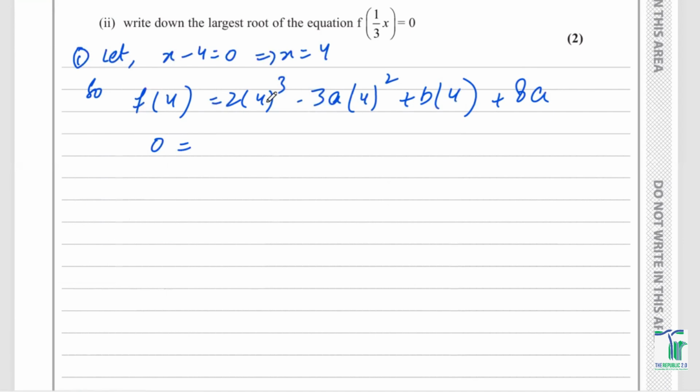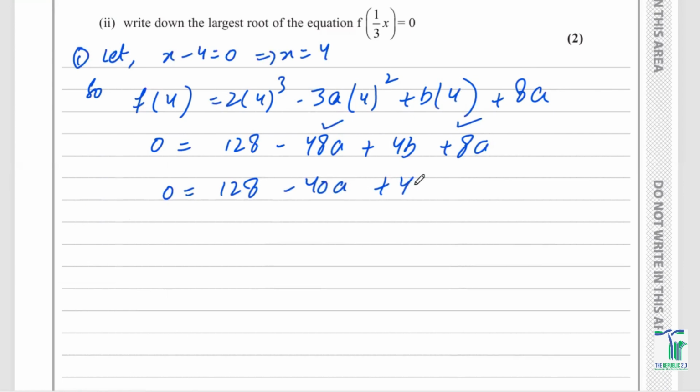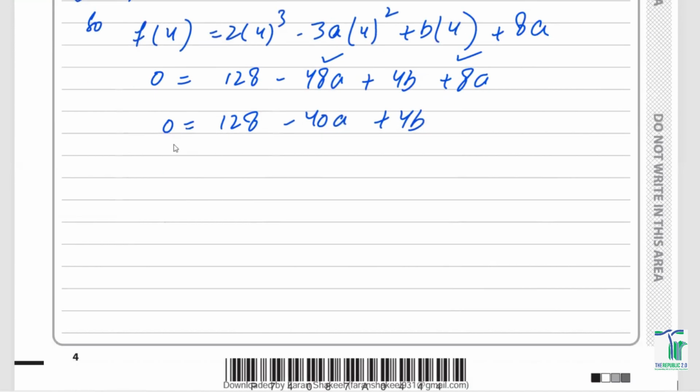4 cubed is 64. 64 times 2 is 128. 4 squared is 16. 16 times 3 is 48a, plus 4b plus 8a. So now I would be having 0 equals 128 minus 48a plus 8a, which is negative 40a, plus 4b. Move that 48 to the other side.